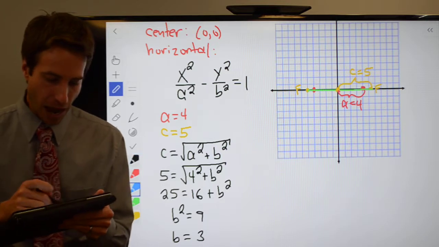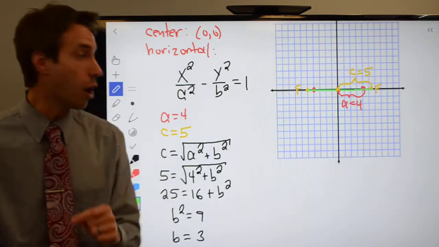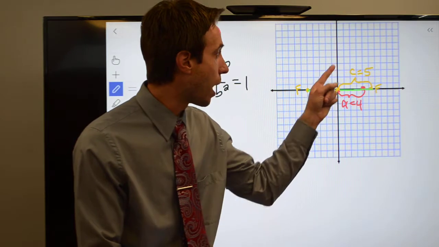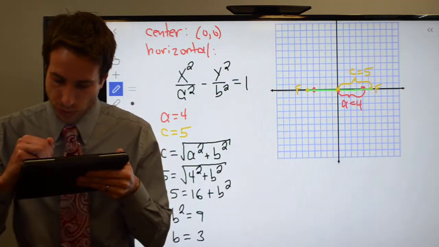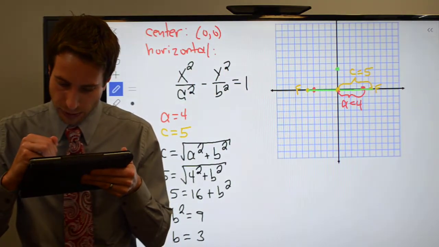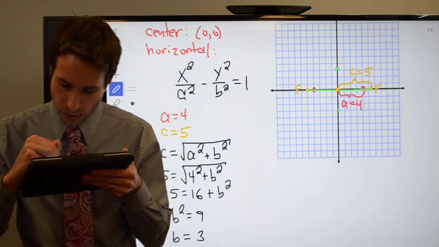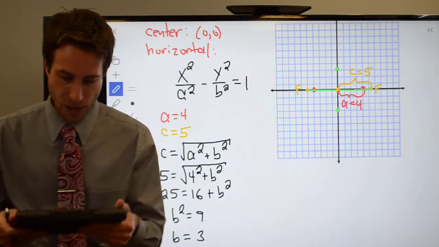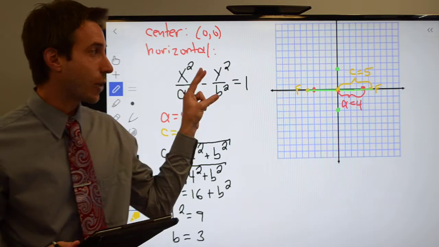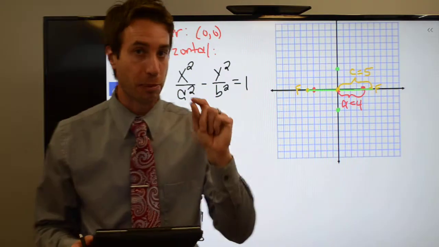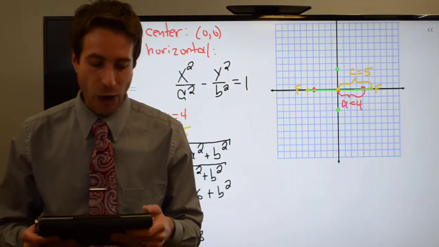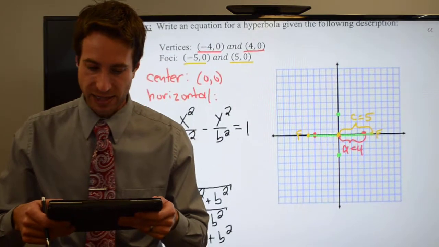Okay, now remember, b is the co-vertice. So that means I would go up 3 and down 3. 1, 2, 3. There. Down 3. 1, 2, 3. Right there. Okay, now I will write the equation for my hyperbola in just a second, but I want you guys to see how easy it is to graph these things.